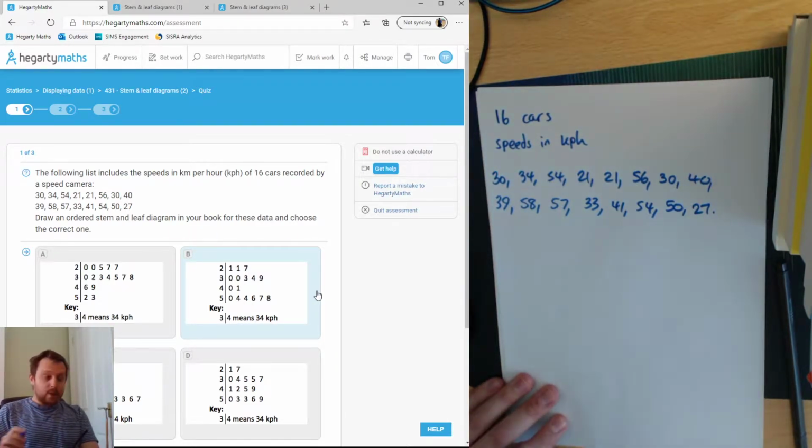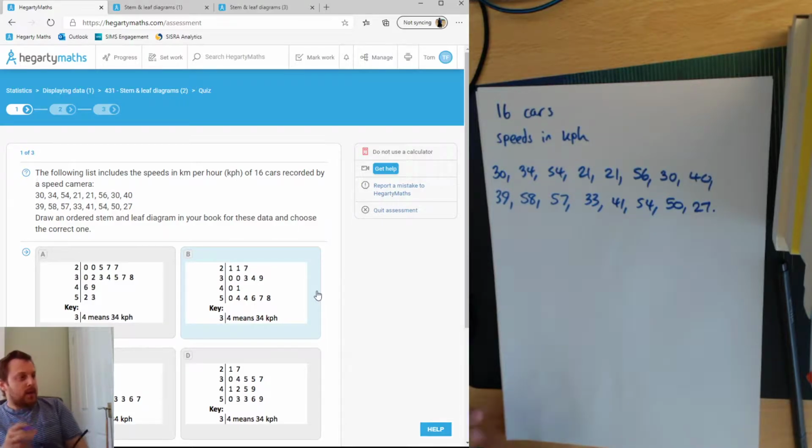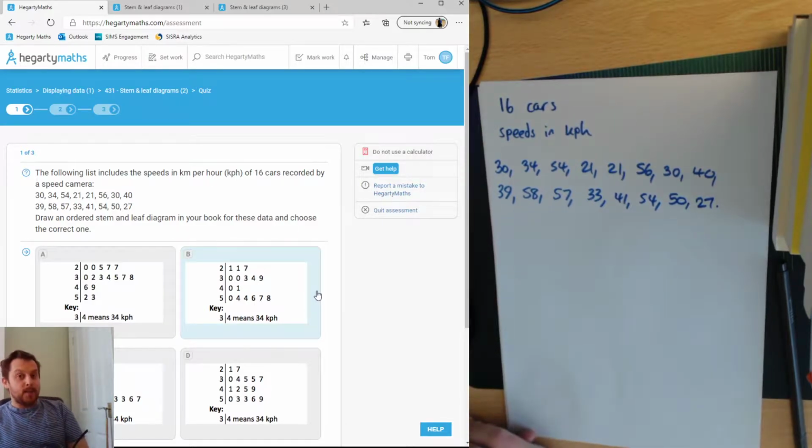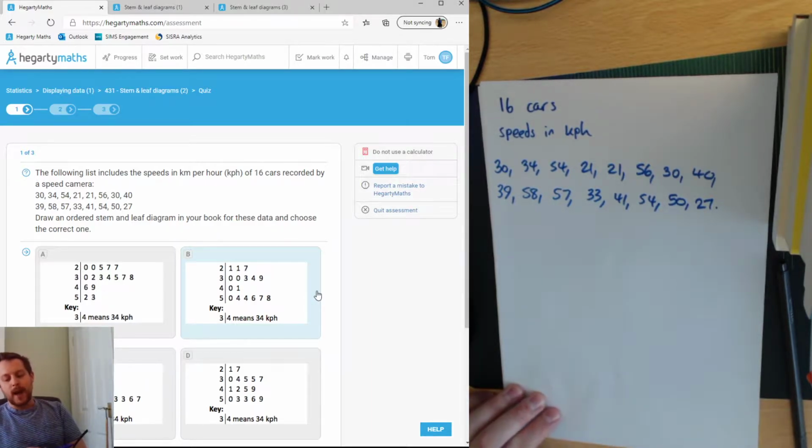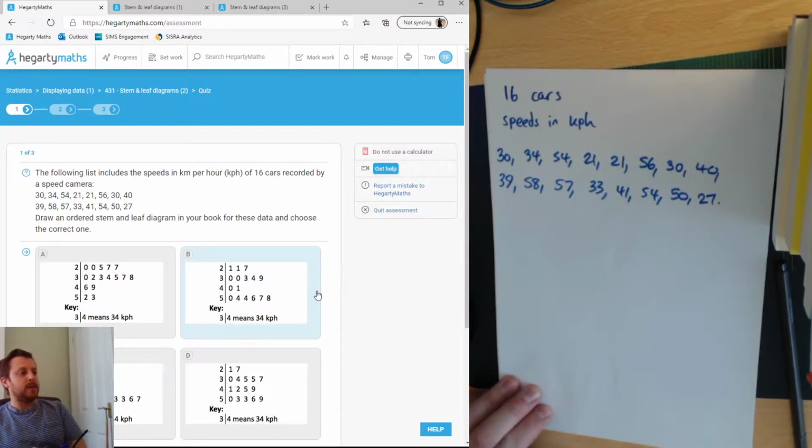With a lot of things to do with data, we need to put the numbers in order. We wouldn't need to for the mean, for example. We could get away without it for the mode, even though it is easier if they're in order because you can see a group of numbers.